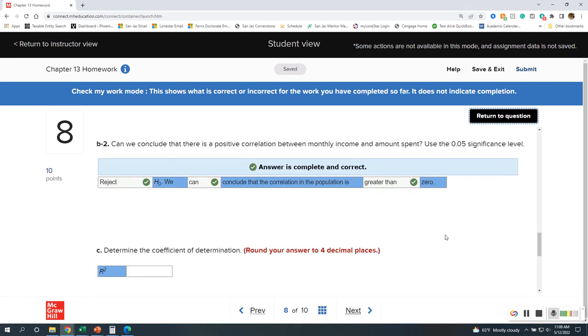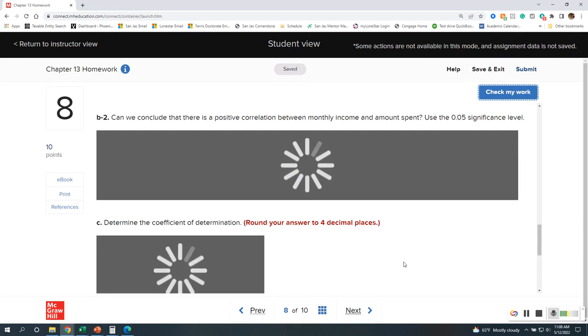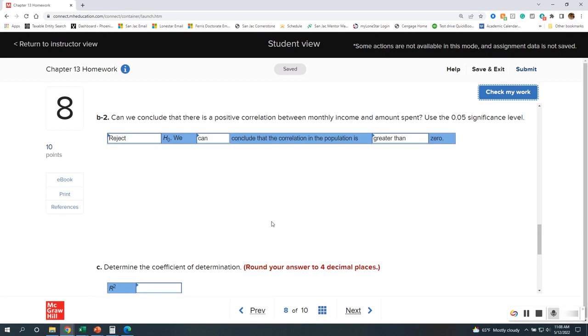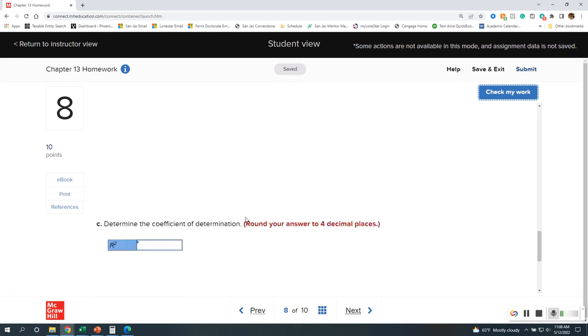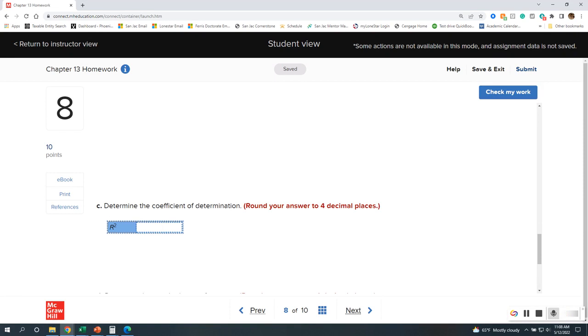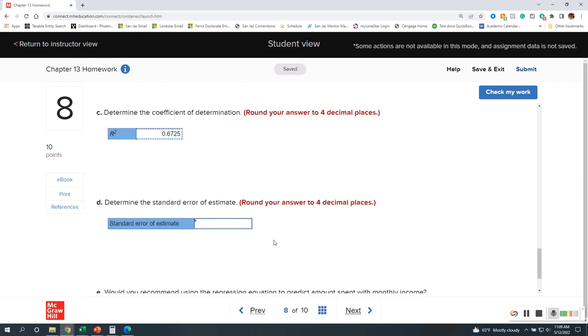Again, since that was all drop-down bars, y'all could have kept doing check my work, but you need to understand how it works and using Excel since it's already calculated. R squared, this is already given to us by doing the regression. So 0.6725. Standard error of estimate, this is also given to us.